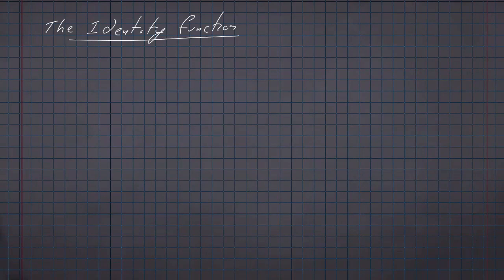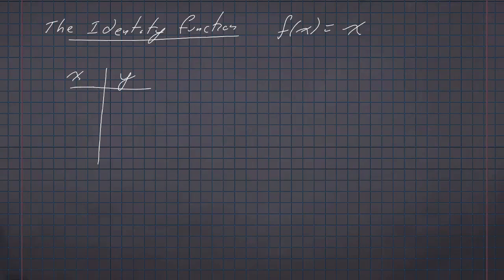The identity function, my personal favorite function, can be given as f of x equals x. Whatever you put in, it spits back out that exact same thing. So if we set up a table of x and y values, and we pick a couple of values for x, like -2, -1, 0, 1, and 2, this thing is going to spit out exactly those values, -2, -1, 0, 1, and 2.